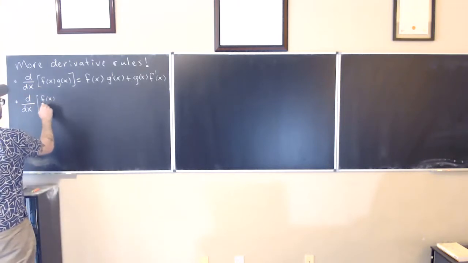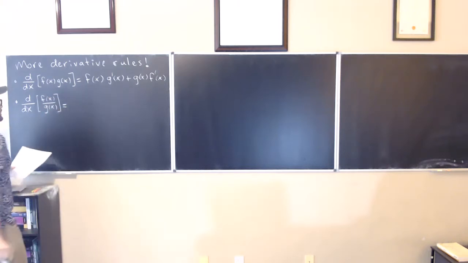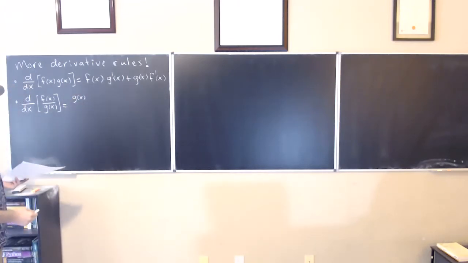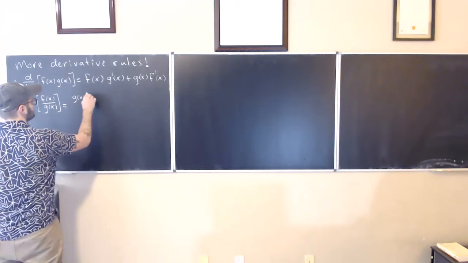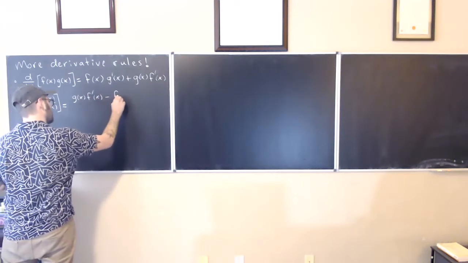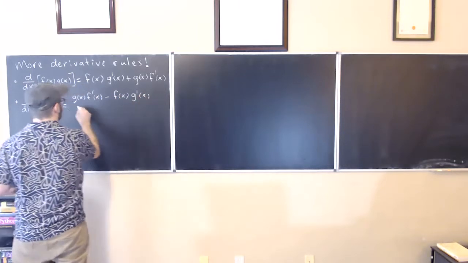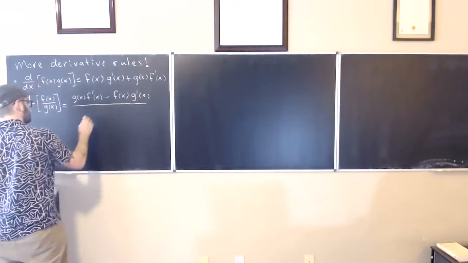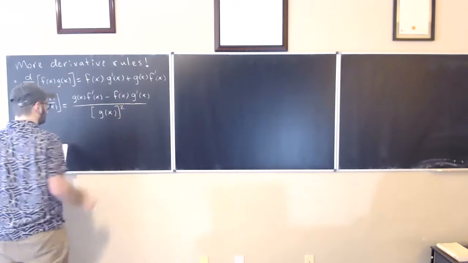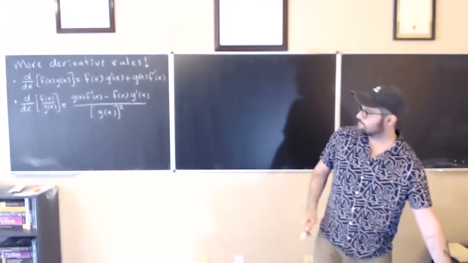But if you have the derivative of a quotient of differentiable functions, so derivative of f over g with respect to x is going to be g times the derivative of f minus f times the derivative of g, all divided by g squared. Okay, so that's the quotient rule.